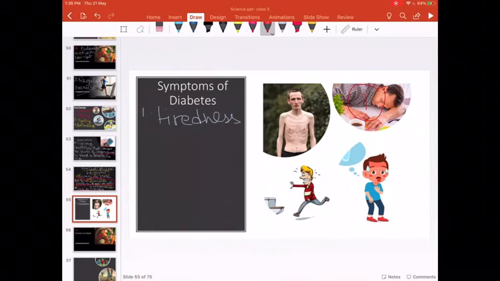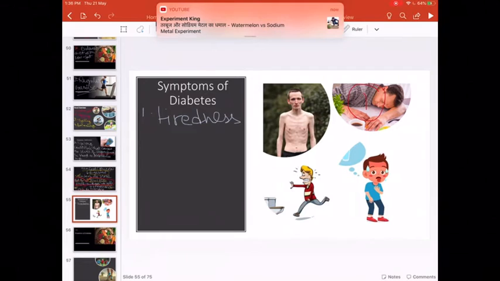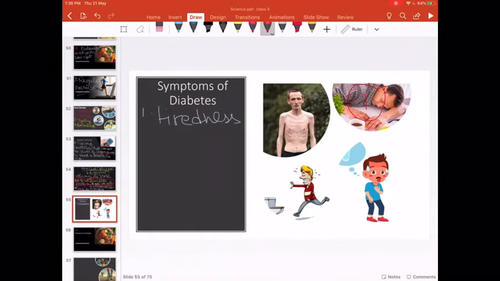The person becomes tired easily. Why? Because the entire glucose of the food a diabetic person is eating is not getting broken down into energy. So that's why he is not getting a sufficient amount of energy, and he easily becomes tired.